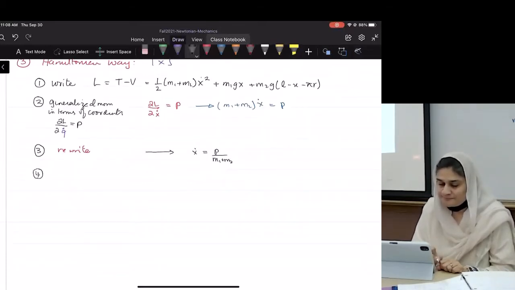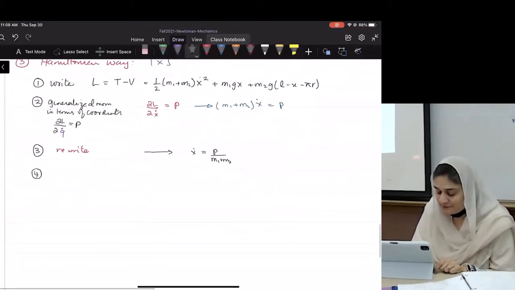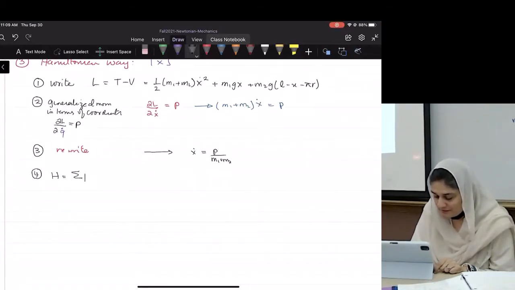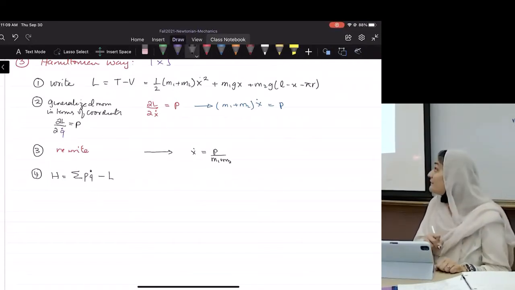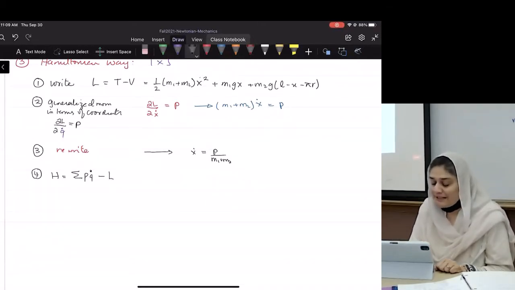What's step 4? Good. What's the equation for the Hamiltonian? H equals the sum of the pi times q dot i minus the Lagrangian. Good. Is that what I've written? What will it look like for us?